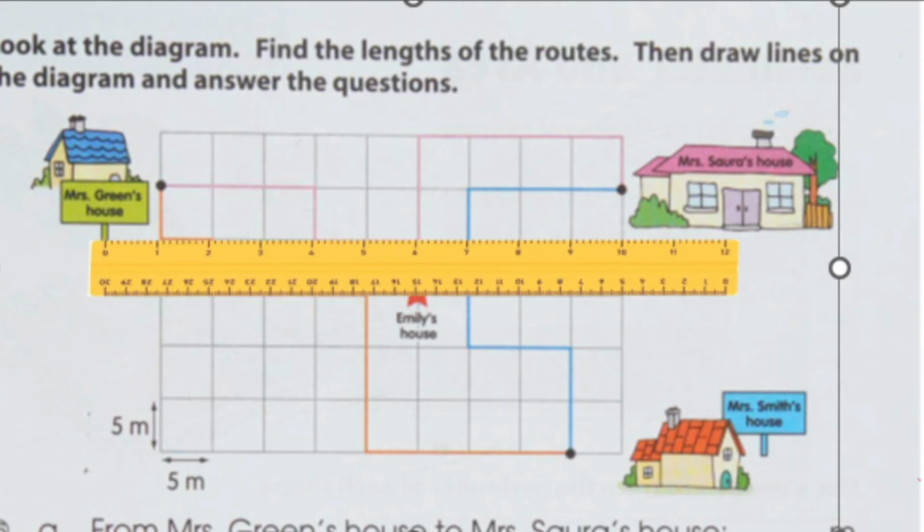So this is 12 inch and 1 inch is equal to 5 meter. So this is just 12 and a half inch. So roughly we can say 12 inch. So 12 inch is equal to 12 into 5, which is equal to 60 meter.